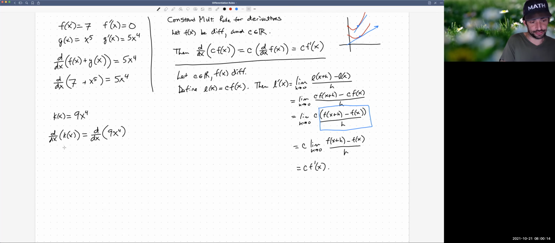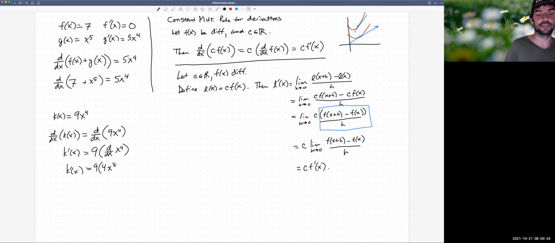So the derivative of k of x is just k prime of x. First, the constant can slip out front. And we know how to take the derivative of x to the 4th with our power rule. So the 4 comes down. So I've got 9 times this derivative, 4x to the 3rd. And of course, I can simplify this to 36x cubed.